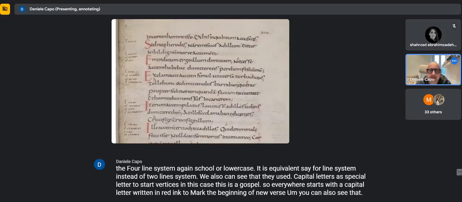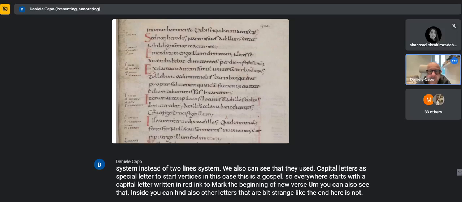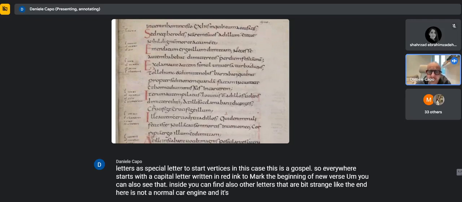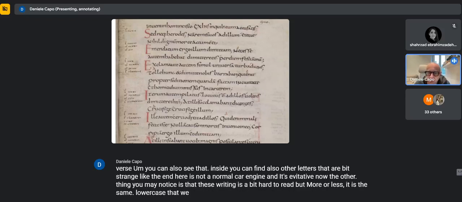You can also see that inside you can find other letters that are a bit strange, like the N here, that is not a normal Carolingian N. Now, the other thing you may notice is that this writing is a bit hard to read, but more or less it is the same lowercase that we use today.